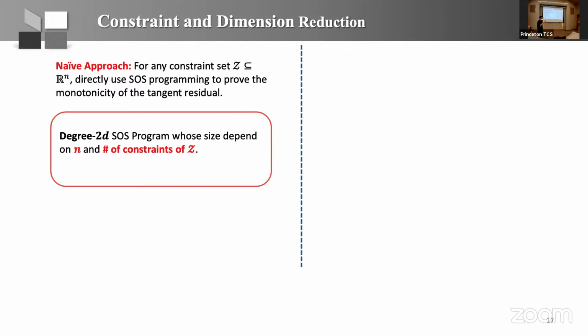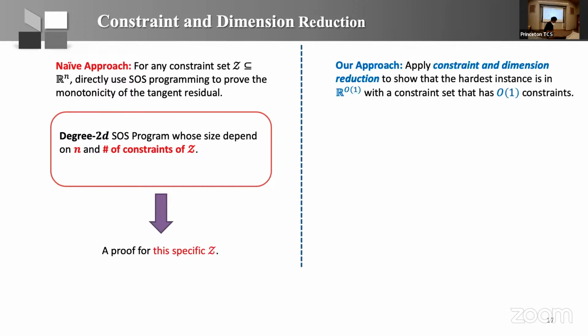If you remember, when I showed you the SOS program, the size of it depends on the number of constraints you have. So first of all, you have to solve this for every Z because you might have different constraints. Even if you can solve this, although it is very, very large, you only get the proof for that specific Z. You're not going to get a proof for arbitrary sets.